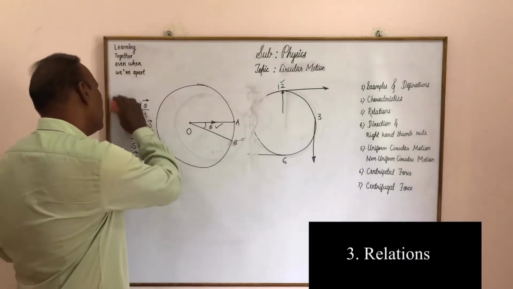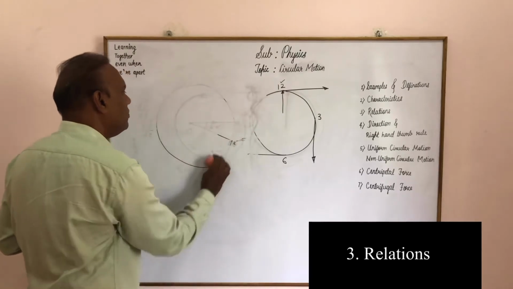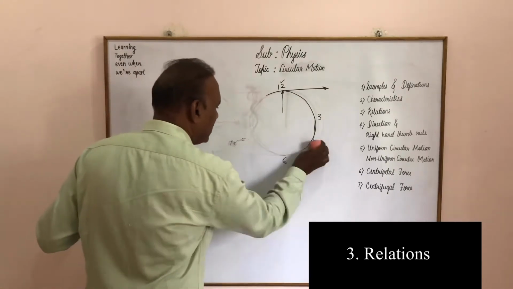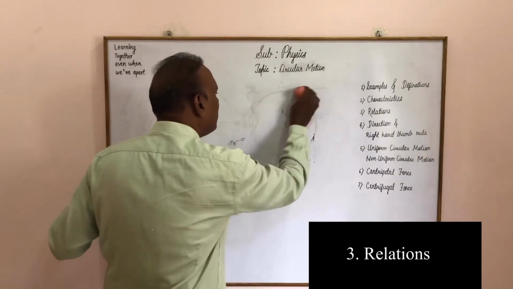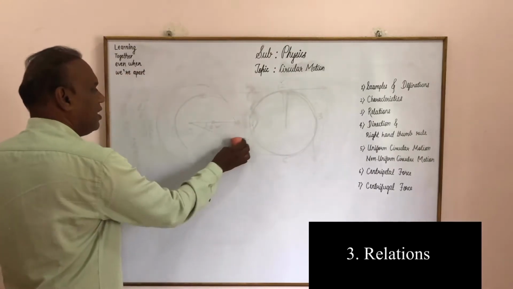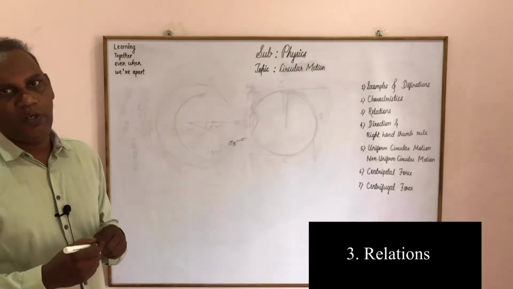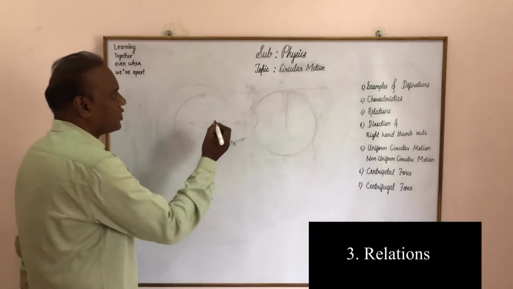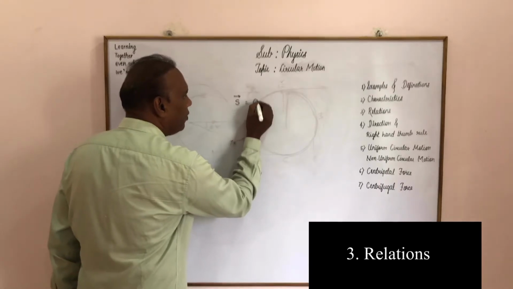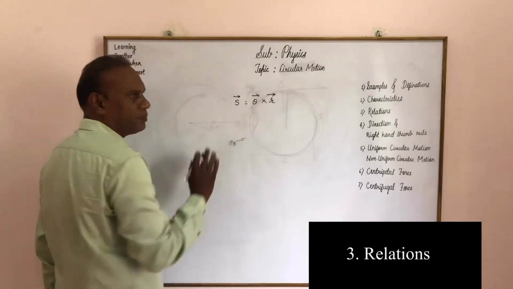Then in 11th standard we have studied some relations: the relation between linear displacement and angular displacement, the relation between linear velocity and angular velocity, and the relation between linear acceleration and angular acceleration. The first is the relation between linear displacement and angular displacement, like this.